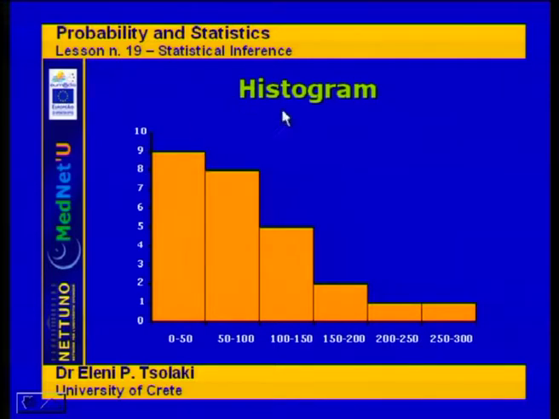So we make a histogram, we see the plot here, and we can have an idea maybe that these data come from a population that follow an exponential distribution.